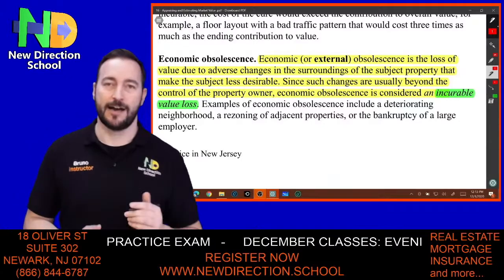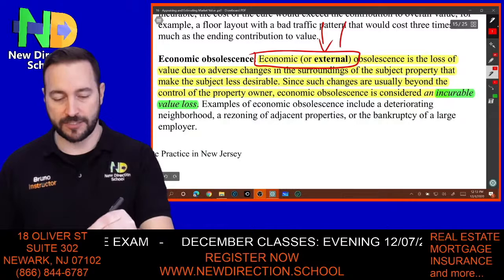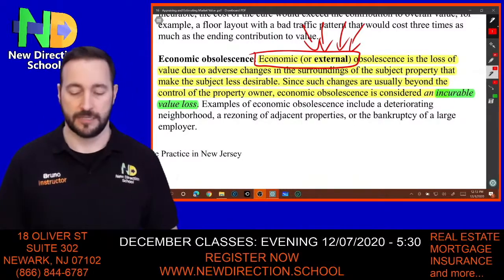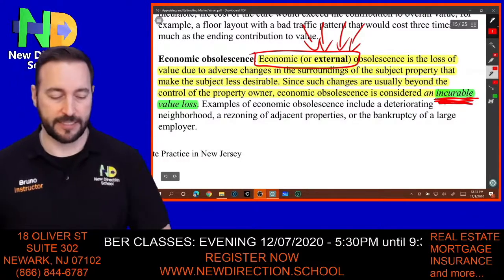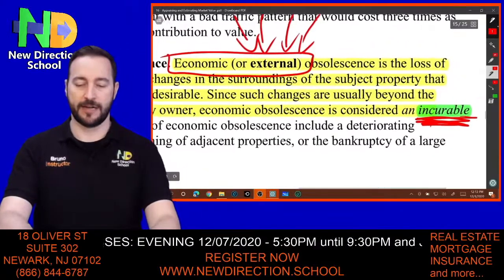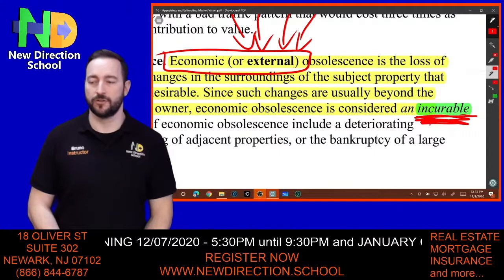Economic is always talking about something outside of your property. So it's external obsolescence, and it's most likely incurable. So economic obsolescence is something that's outside of your property and it's incurable.